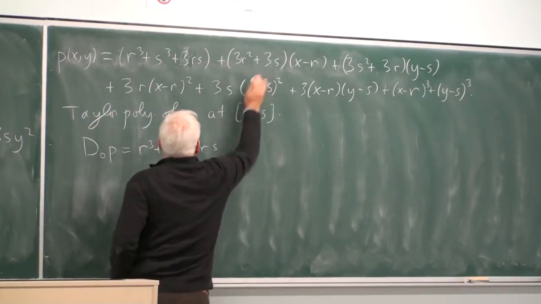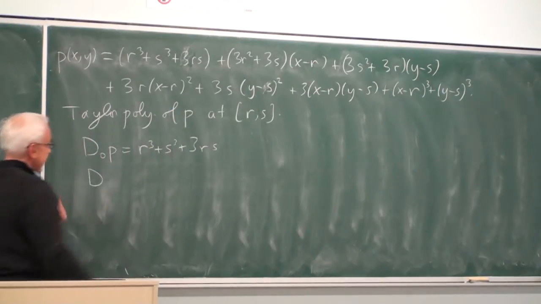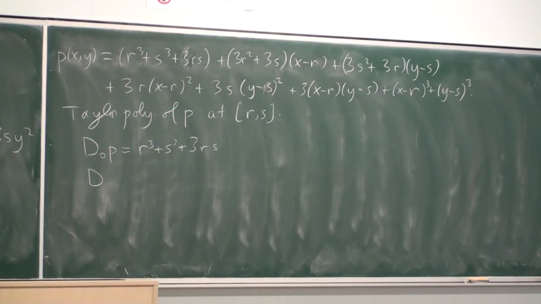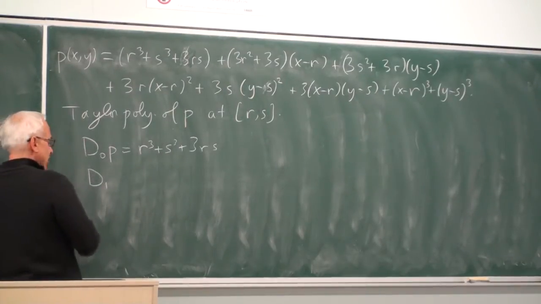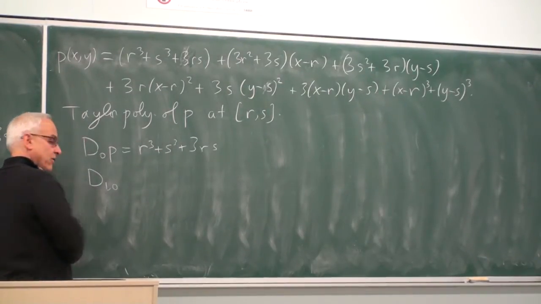And then this thing here, what should we call that? Well, it's like degree 1. We've differentiated once, but we've differentiated in the x direction and not in the y. So we might put 1, 0 there.